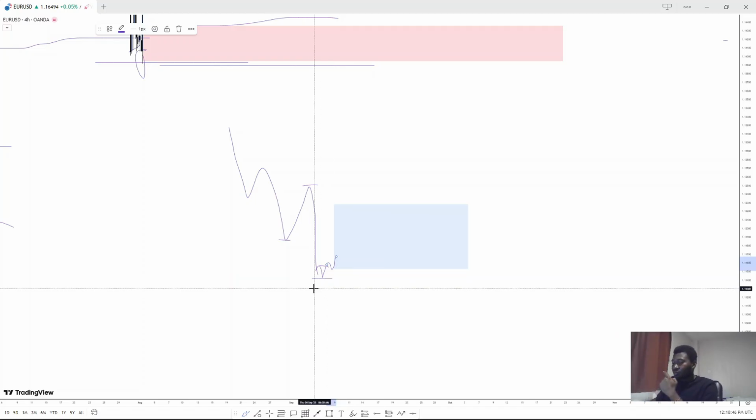So now, if the complex pullback is about to begin, then what do we do? We are going to trade this complex pullback till we arrive at the supply or the saturated zone.